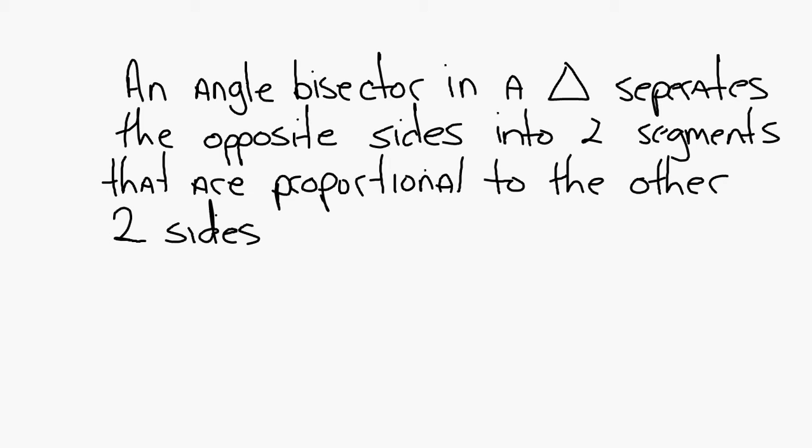Now in this case, we're only talking about one triangle, an angle bisector in a triangle.